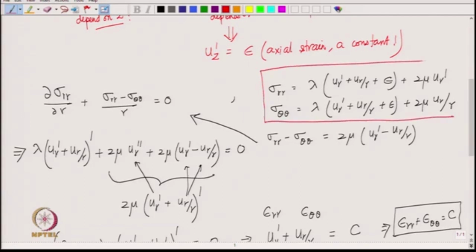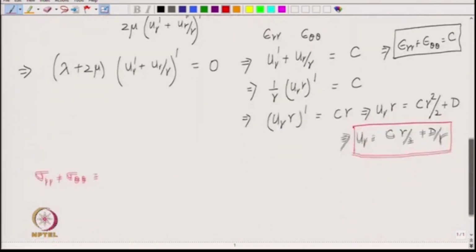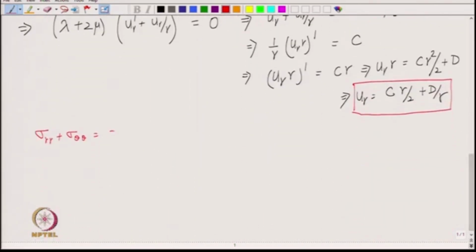Now, let us add them together, and what do we get? We simply get 2 times (lambda plus mu) into (u_r' plus u_r by r) plus 2 lambda times epsilon.